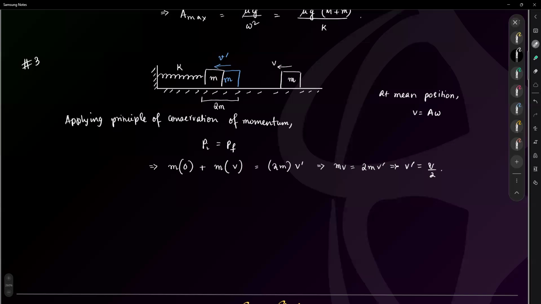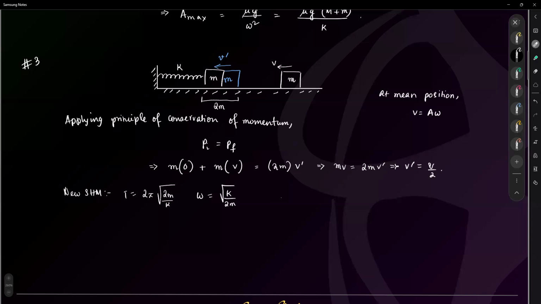Now, the time period of the new SHM will be equal to 2 pi root over of 2m by k, right? Omega will be equal to root over of k by 2m, right?